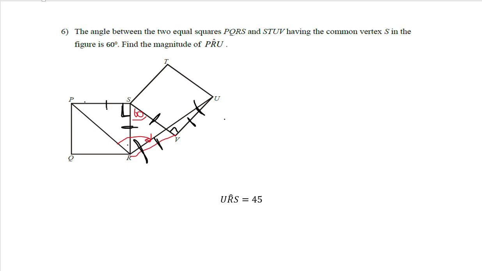So since these two are side lengths of a square, those two are definitely equal. And now what we can do is subtract 90 from 180, which is 90. And then we can divide that by 2 to get the angle SPR and SRP because those two are equal.